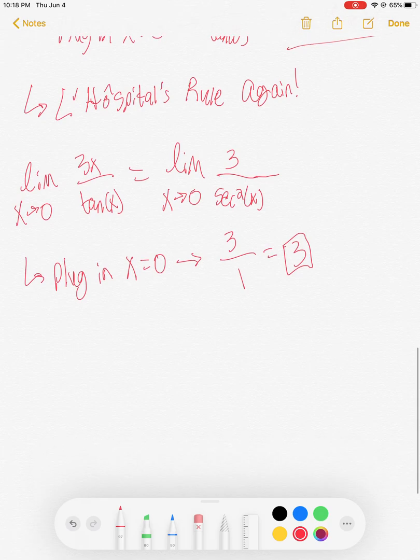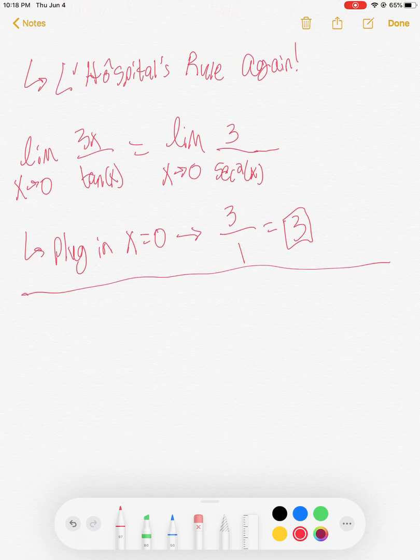So once again, deja vu all over again, as the legendary Yogi Berra said. We took the derivative again of the numerator and the denominator, and this time we were able to plug in our value and things worked out beautifully. So be persistent with L'Hopital's rule. Sometimes things don't work out immediately, but if you keep trying, they will eventually sort themselves out.